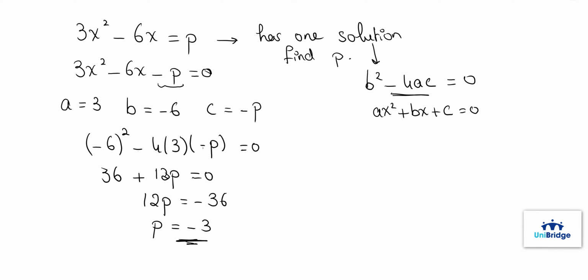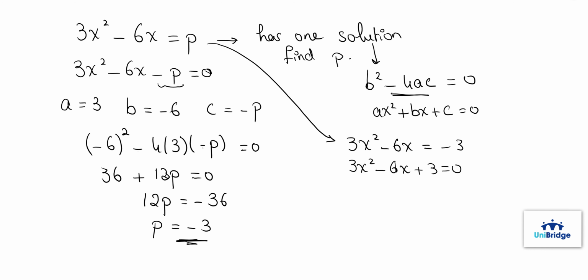This is where the question ends, but let's validate what we just did. Let's put p to be negative 3 and see if this equation really has only one solution. I'll start by bringing the 3 to the other hand side. I can divide the whole equation by 3 since all of the terms are divisible by 3, and I can simply factorize this.